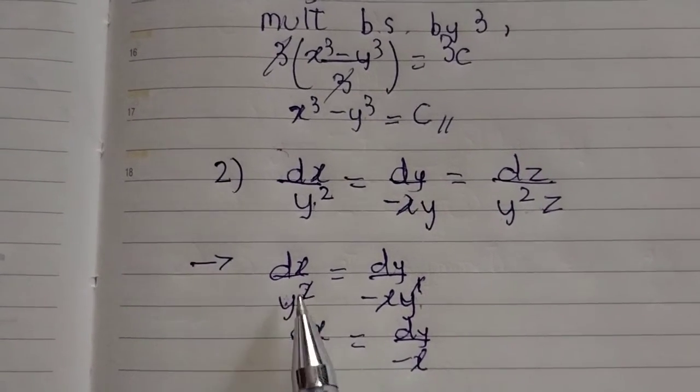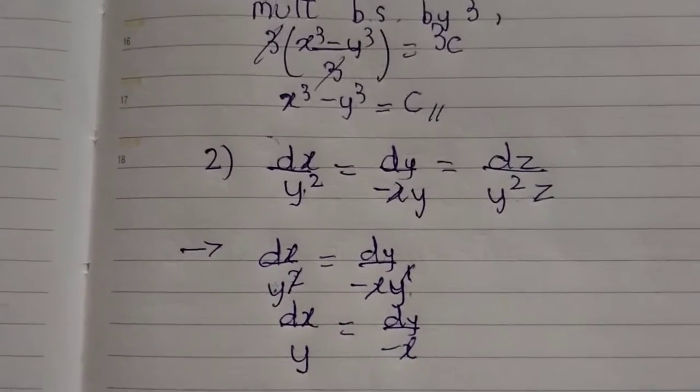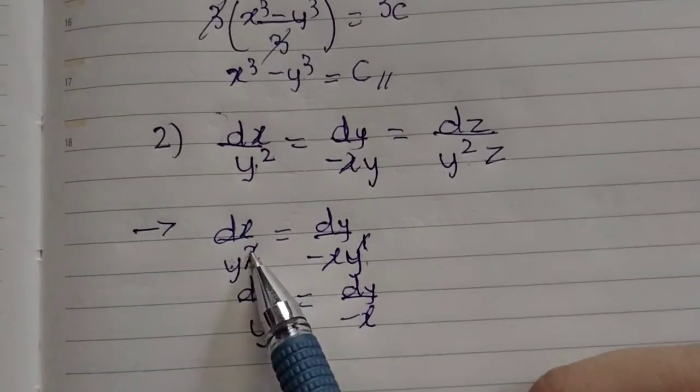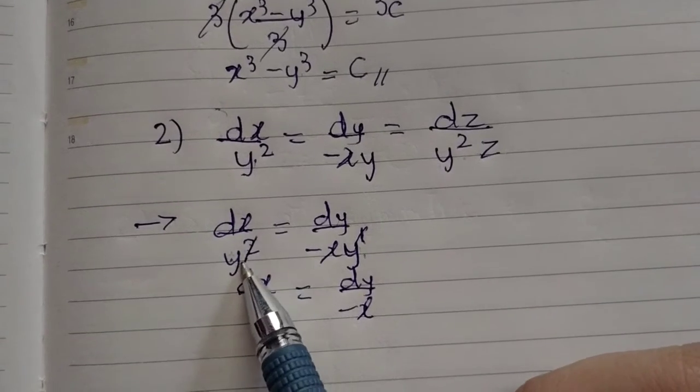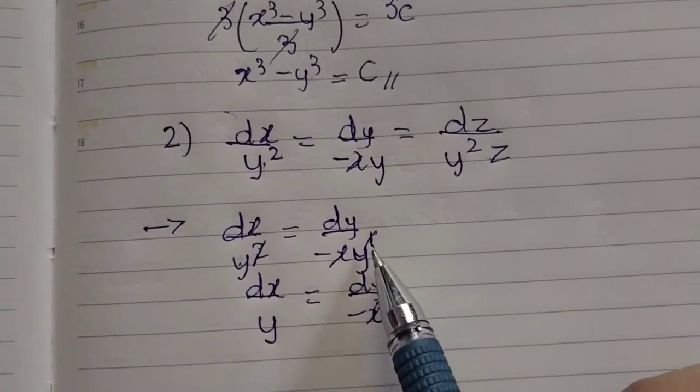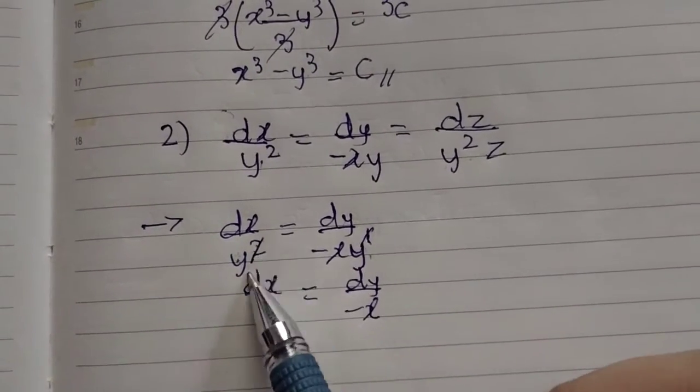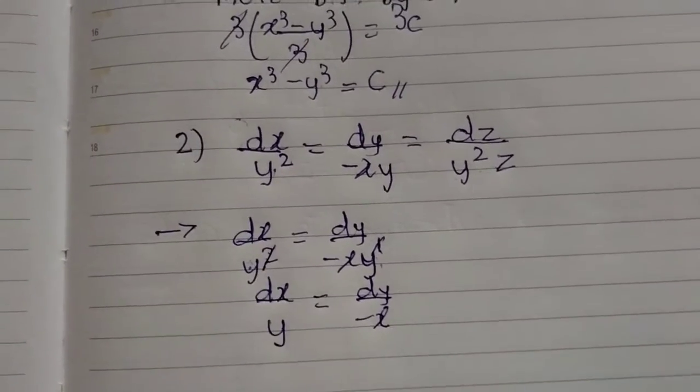So y was repeated 2 times, cancelling the second y, and here y was only 1 time, so cancelling both y's together, only one y will remain.